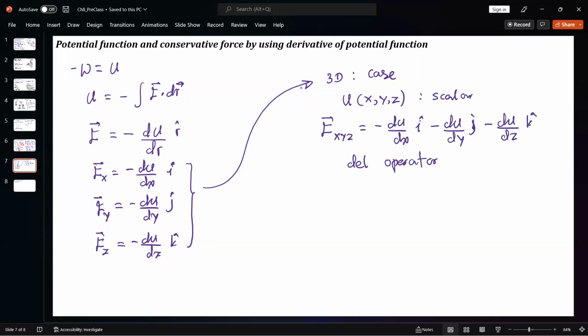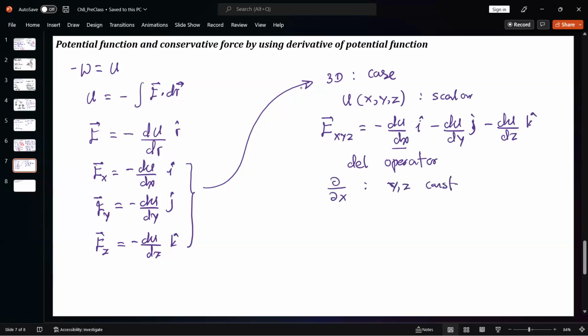Partial derivative means the function can change at any given point in all three directions, but at any given point when I do du over dx, we are treating the other two variables as constant. That's why we write this partial. When I do partial over partial x, I treat y and z as constant.